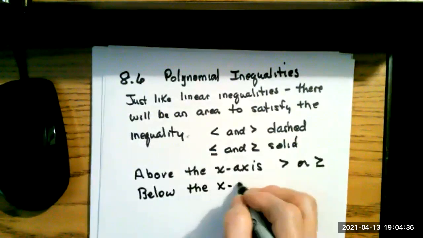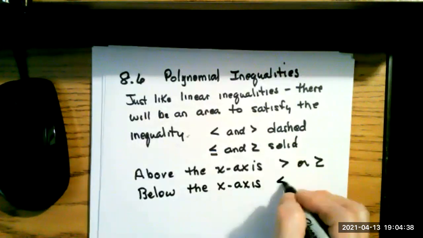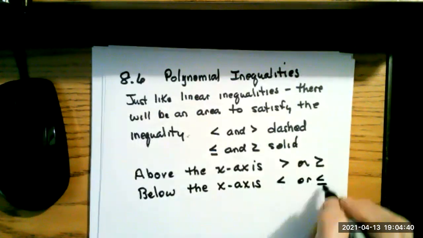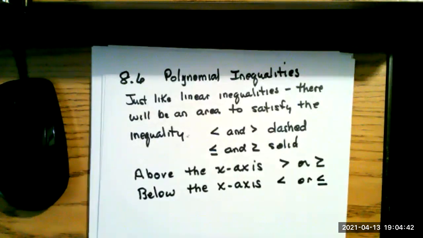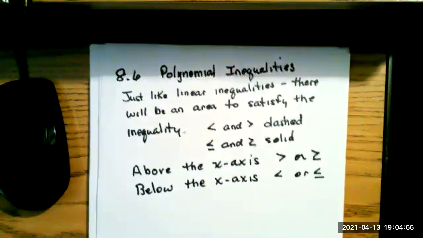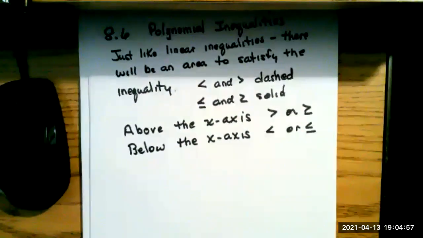Our line is the x-axis. It always is the x-axis in this one. So it's below the x-axis is less than or equal to, above the x-axis greater than or equal to. Those are your rules. Let's look at a problem.